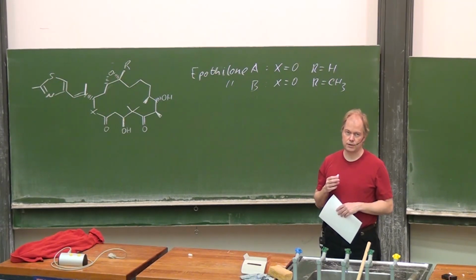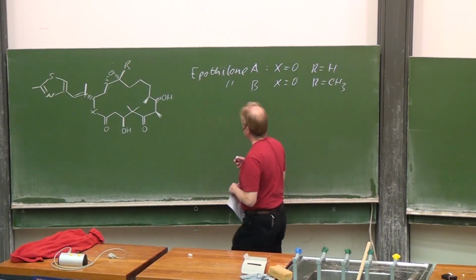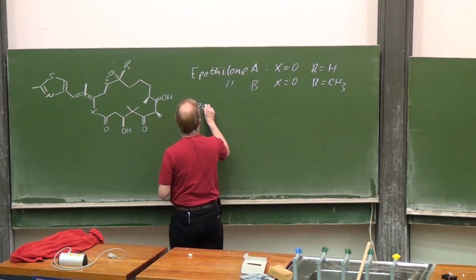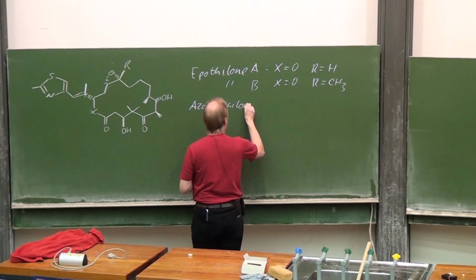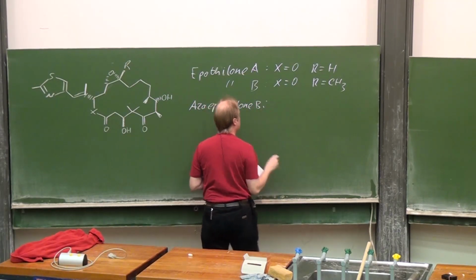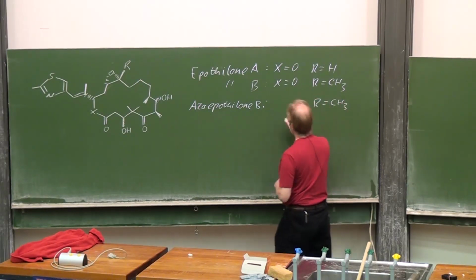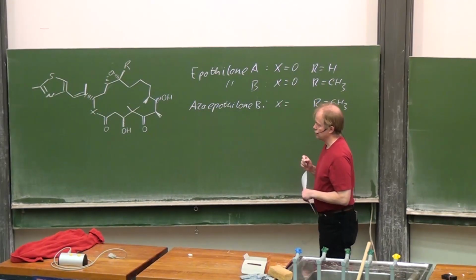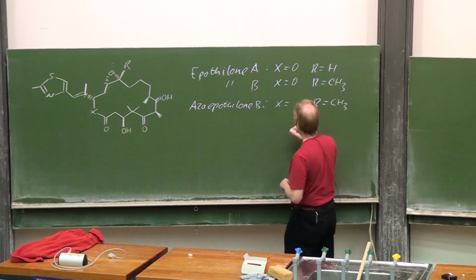cells. And indeed, nowadays, a derivative, the so-called aza-Epothilone B, where of course again R is CH3, but the oxygen was transferred, or the lactone was transferred into a lactame.